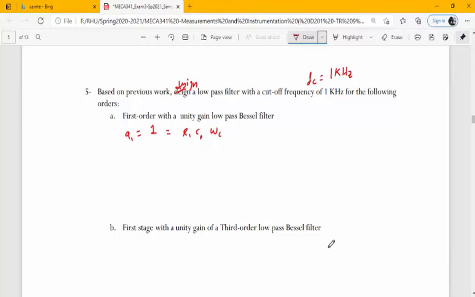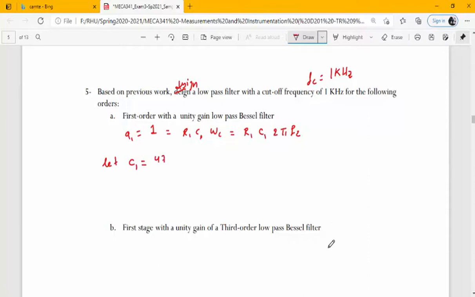So we choose either R1 and we solve for C1, or we choose C1 and solve for R1, okay. So this is equal to R1 C1 2 pi FC, okay. Let us choose the capacitance, okay, 47.